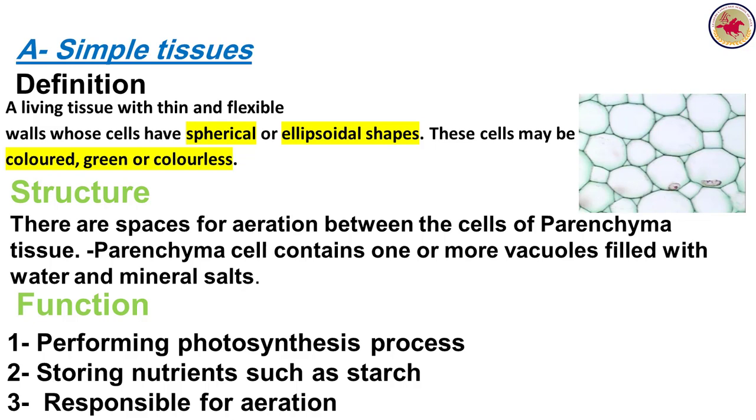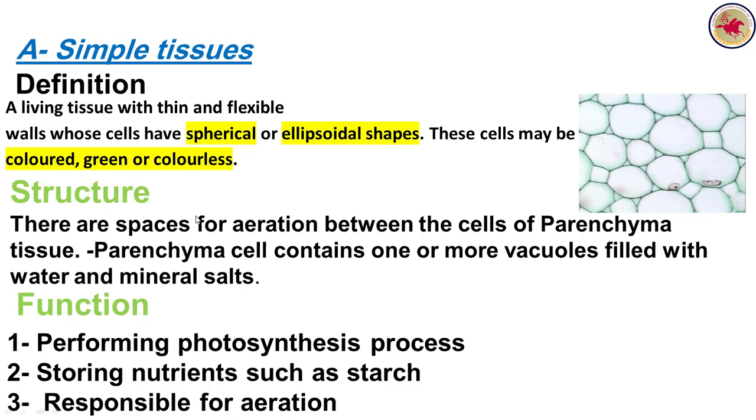If it is empty of chloroplast and contains intercellular spaces between the cells, its function is aeration, to get air between cells. It may also be for storage. So parenchyma tissue has a lot of functions.